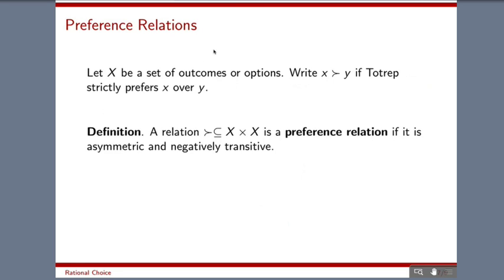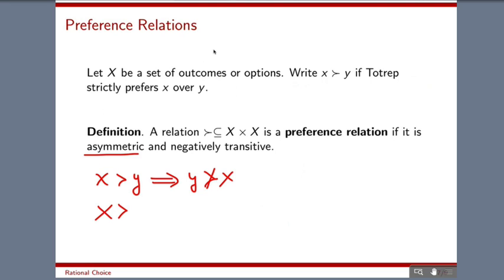A preference relation is just going to be a relation on X, so it's a subset of X cross X, that satisfies two properties. The first is asymmetry. So just to remind you what asymmetry is, asymmetry says if X is strictly preferred to Y, then Y is not strictly preferred to X. And negative transitivity.